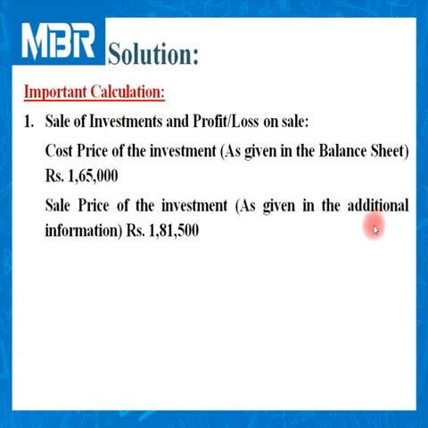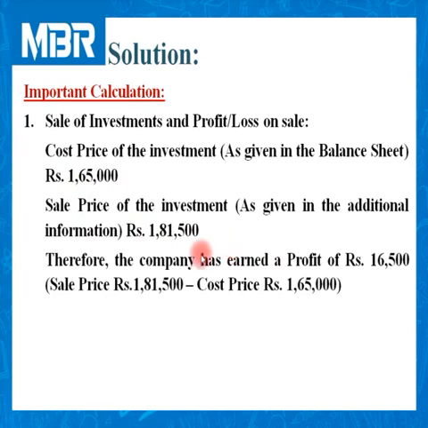In the additional information, it is given that these investments are sold for rupees 1,81,500. Cost price is 1,65,000. Sell price is rupees 1,81,500. So the amount of difference is rupees 16,500.